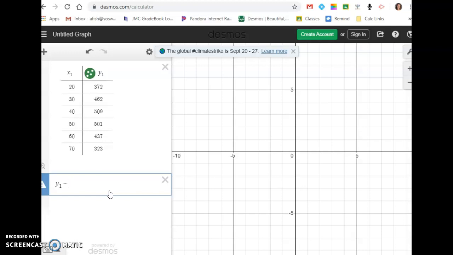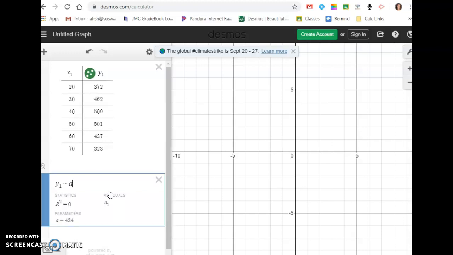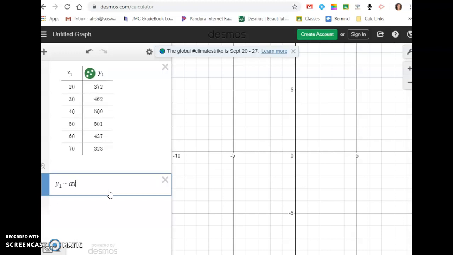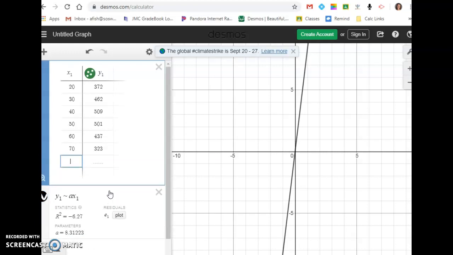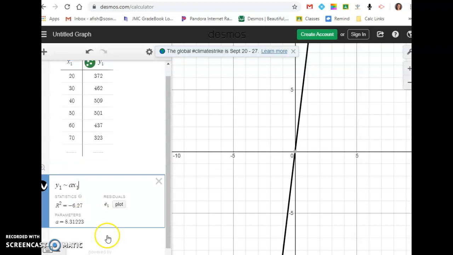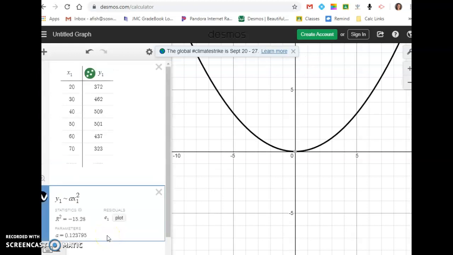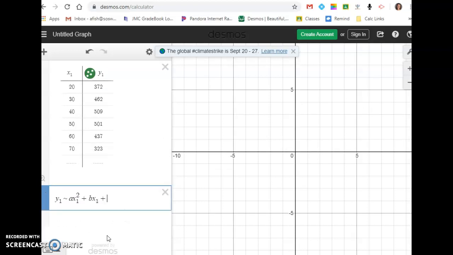So we know that our quadratic is in the form of ax squared. So I'm going to type in a, but my x is in terms of x1. So I'm going to have x to the first there. Notice it popped it down. Then I have to do my shift 6 to get my caret if I'm on the right line. Okay, so as you can see there, I've got the curve, but I need to keep going. So plus b x1 plus c.